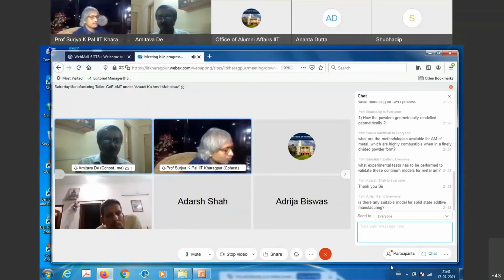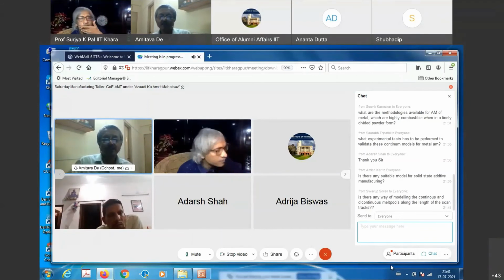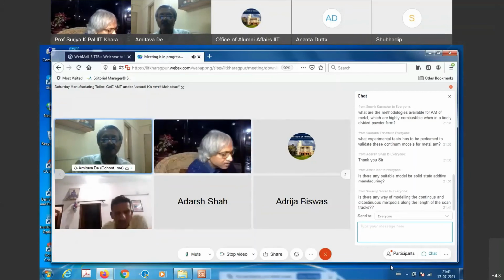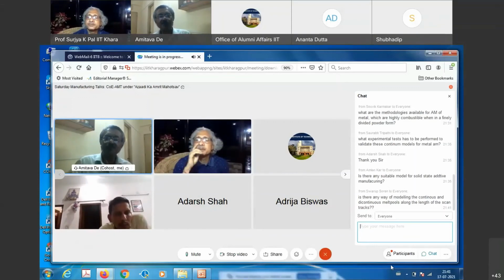If you look at some of the papers in the journal Additive Manufacturing in 2017, there are a couple of papers with very nice experiments where they deposited a few layers, put thermocouples in those layers, and then built more layers atop to see the temperatures or thermal cycles, and tried to see whether their model can predict those.